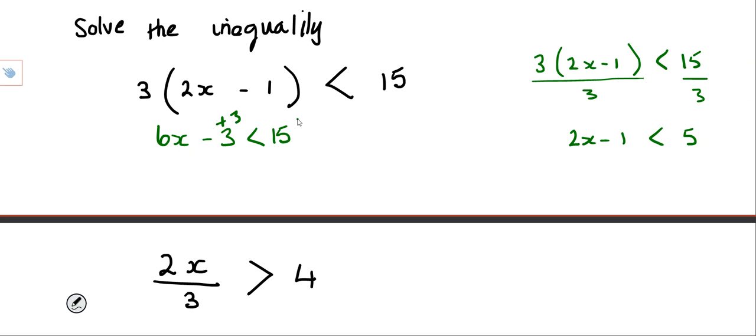Plus 3, we get 6x is less than 18. And then divide by 6. Divide by 6 gives you x is less than 3. So, we'll just check it. What value did you pick, Moran?